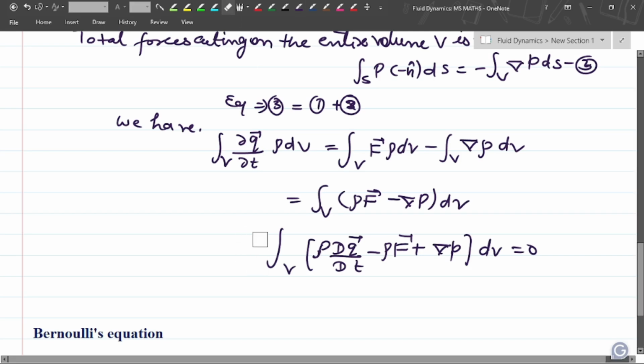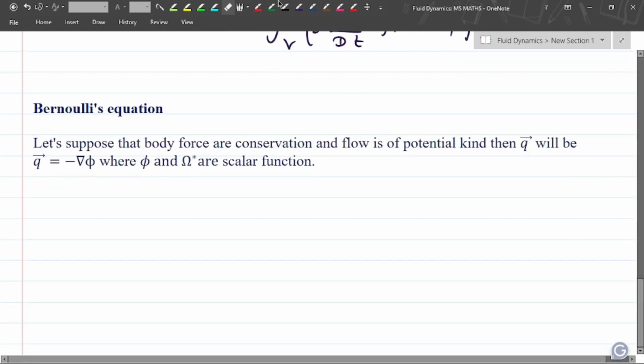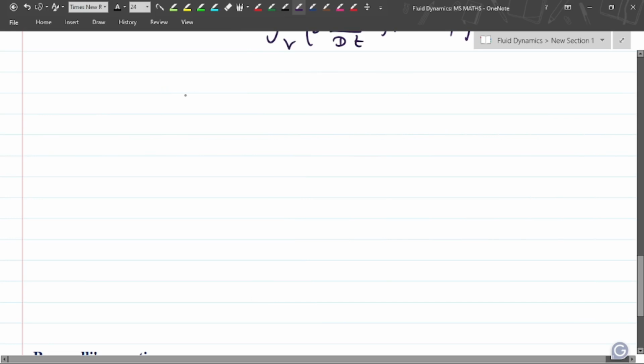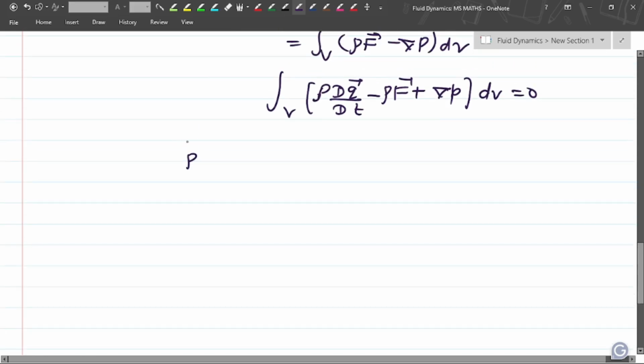So basically all the negative signs will go to the right hand side. So in this way we can conclude, after integrating, that rho dq vector by dt minus rho f vector plus dou p, the divergence of p, is equal to 0. Because this integration is 0, it means the integrand is equal to 0.